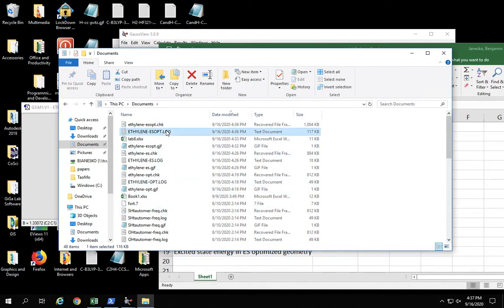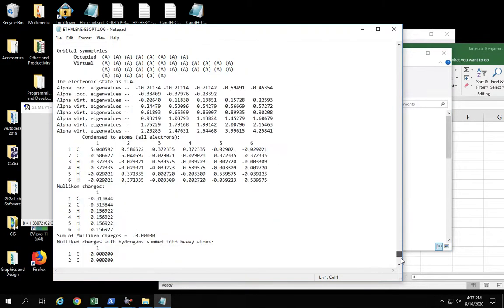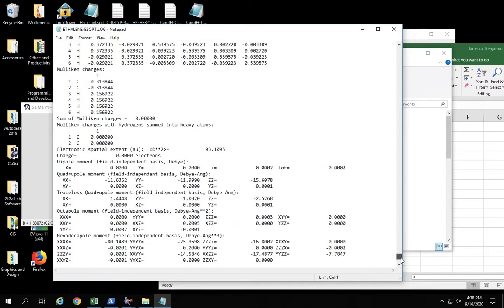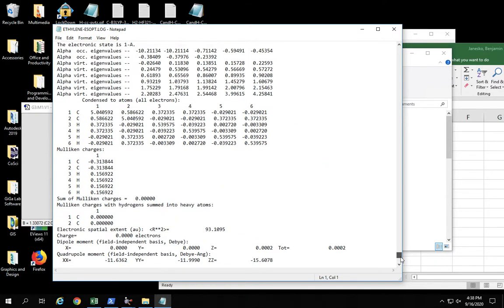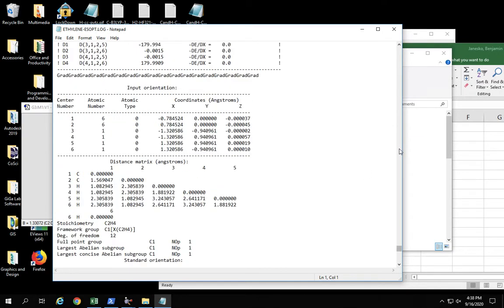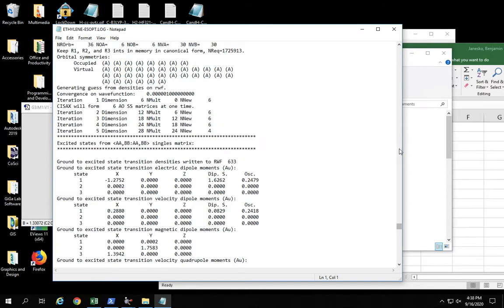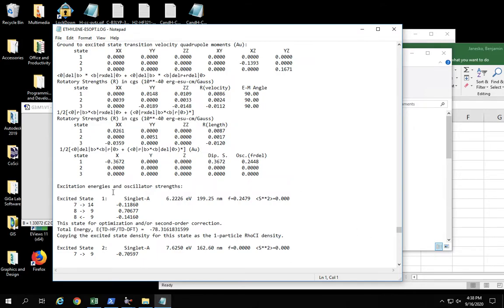Ethylene ESOP.log. That's the long log file. But way down at the end, I have the final results at the excited state optimized geometry. Just as an aside, you can look at things like how the charges and charge distribution change. Geometry is optimized. We go up, and here are our excitation energies. Excited state 1: 6.2226 eV, 199.25 nanometers.